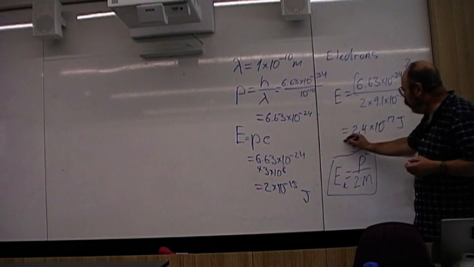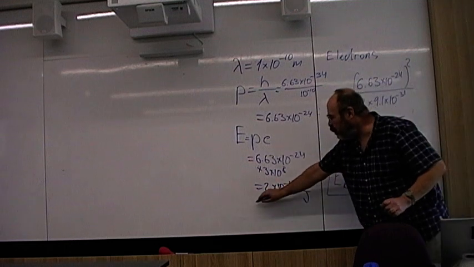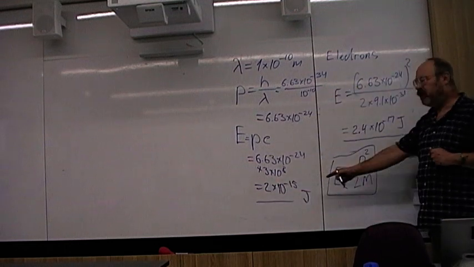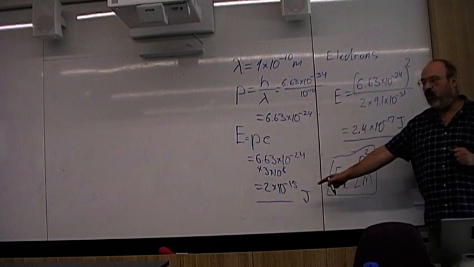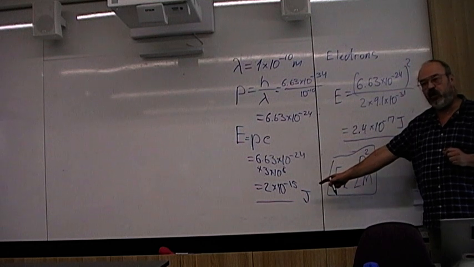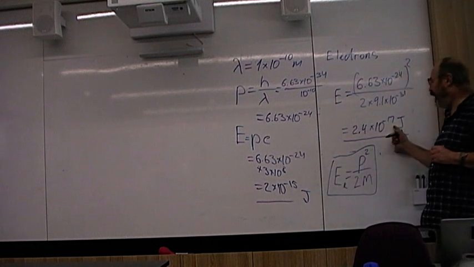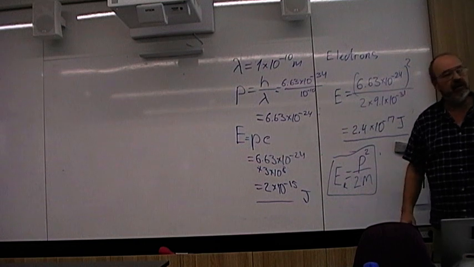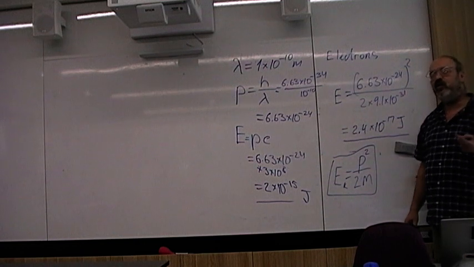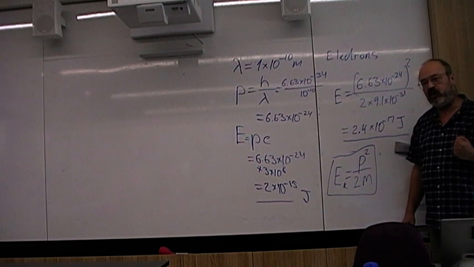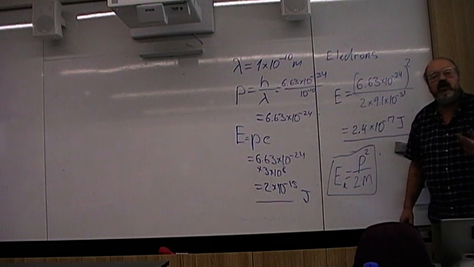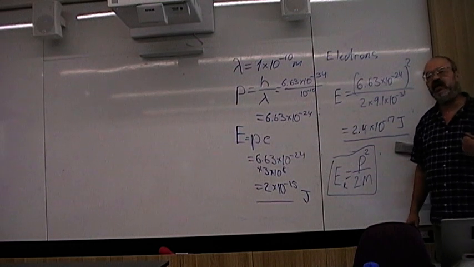So the energy of the X-ray photon needs to be about 100 times greater than the energy of the electron to have the same momentum, because a photon does not have mass, and an electron has mass.